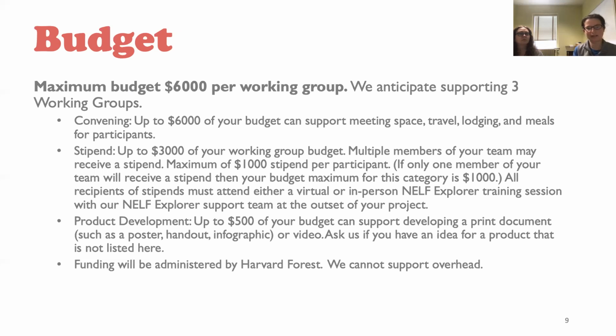If you have any questions about that, let me know, and I'm happy to discuss further. But a key thing is just that we won't support overhead, and the funding goes directly from Harvard Forest generally to the vendor or the recipient.